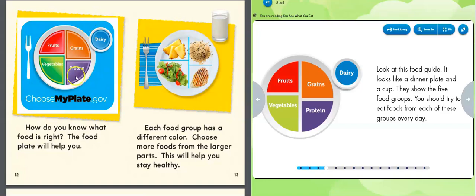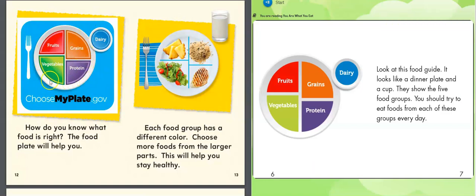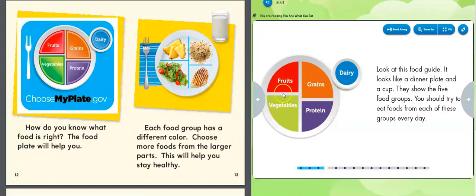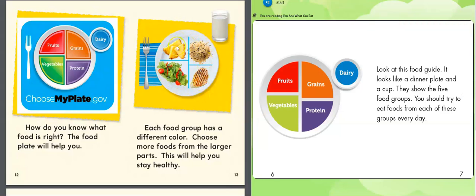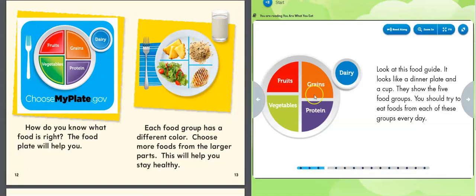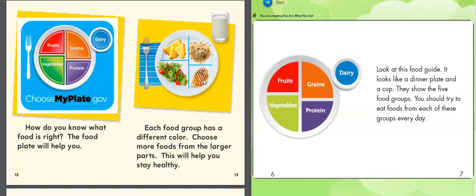I notice that Book 1 shows the same plate with fruits, grains, vegetables, protein with the same colors and dairy as Book 2, fruits, vegetables, grains, and protein with dairy. And I also noticed that Book 1 shows examples of fruits, grains, vegetables, and protein and dairy, but Book 2 does not. And that's how they're different.